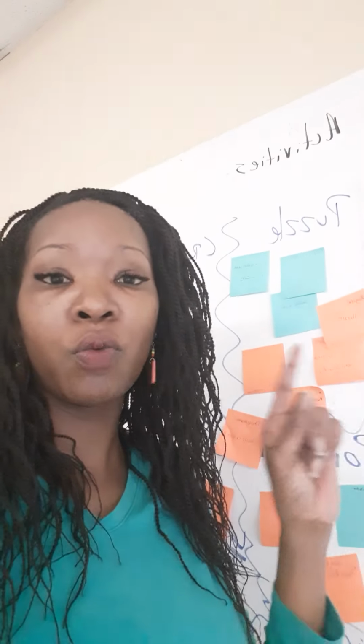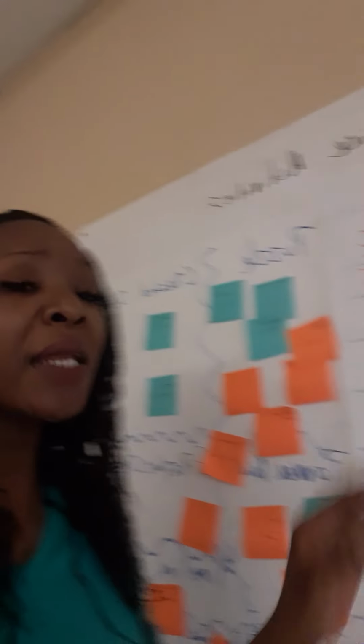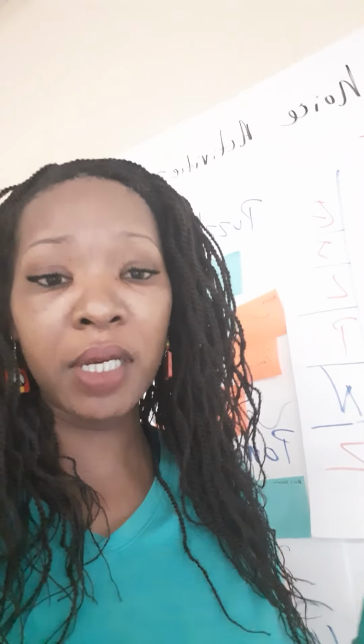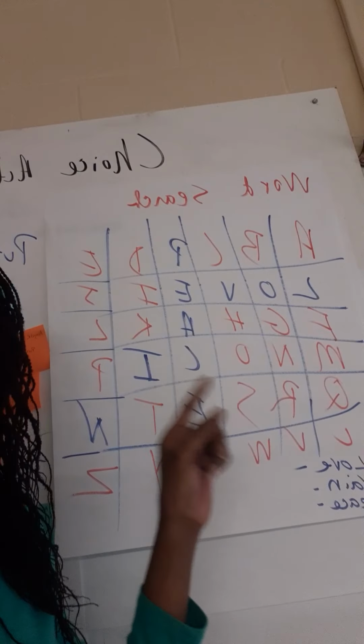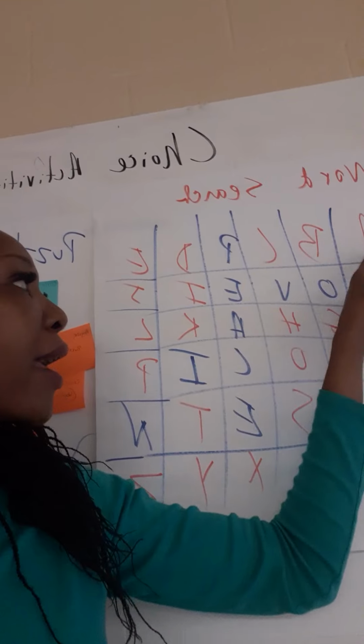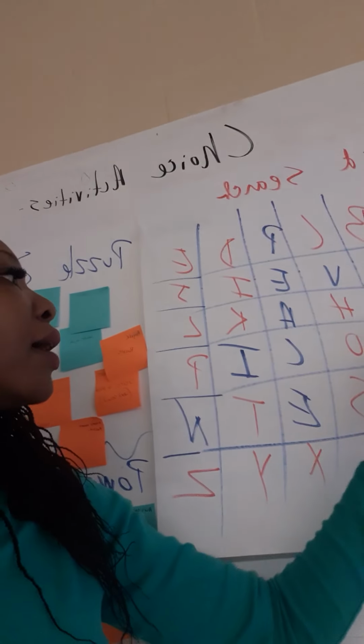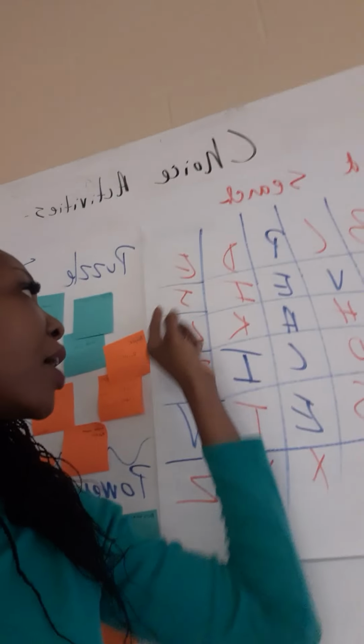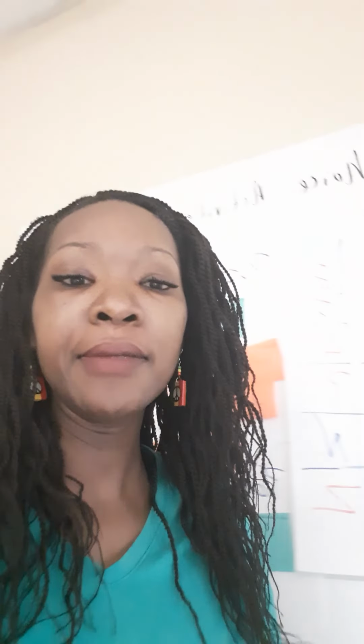Still be sure that your words connect. But after you place your words in the puzzle, then with a word search, you put in random letters: A, B, C, D, E, F, G, H, I, J, K, L, M, N, O, P, so forth and so on, okay? That's how you create a puzzle if you're choosing that activity.